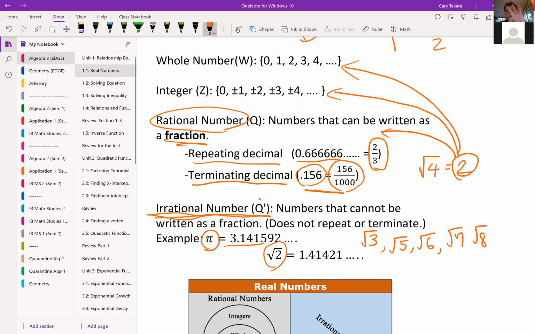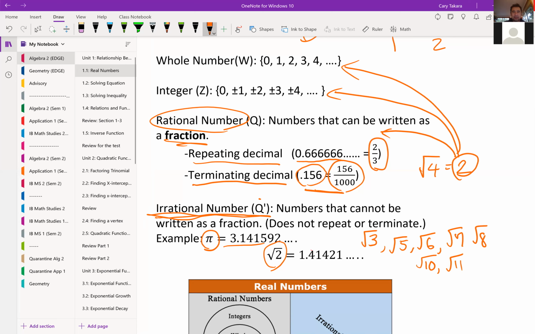Square root of 9 is 3, so skip that. Square root of 10, square root of 11. All the square root numbers except the perfect squares are irrational.